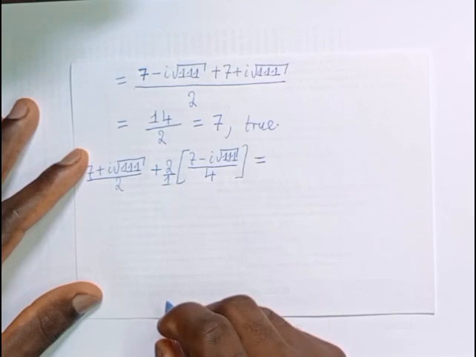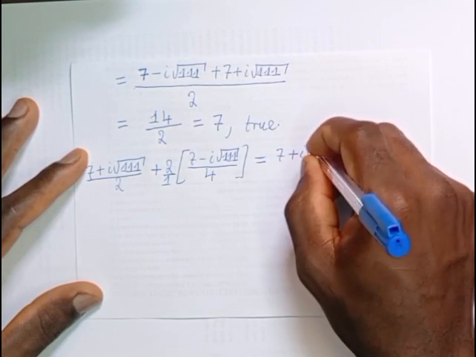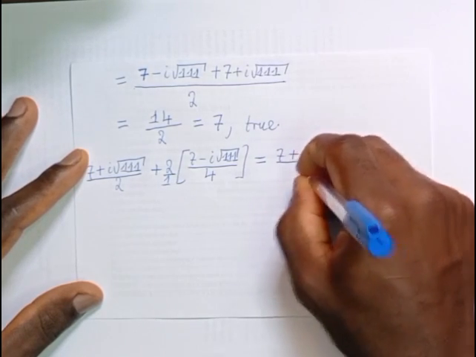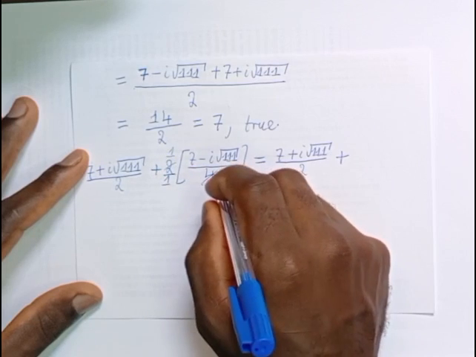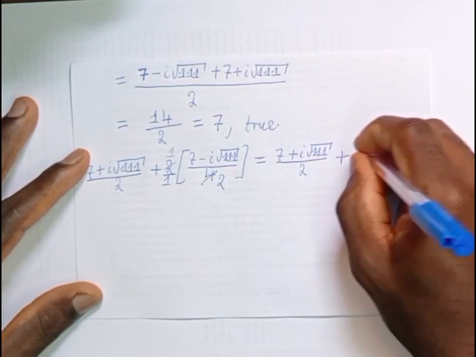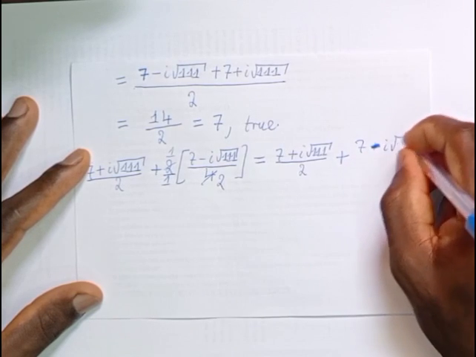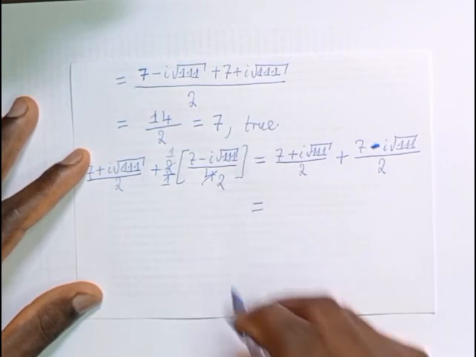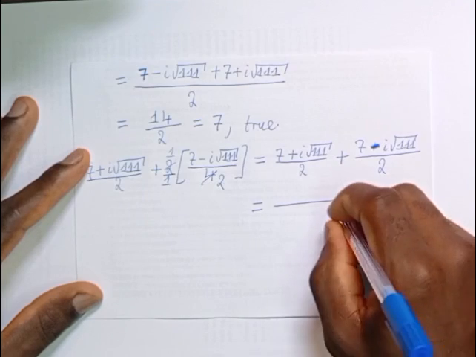This 2 can be expressed as 2 over 1. This will give us (7 plus i root 111) all over 2 plus, simplifying, 2 over 1 times, 2 going into 4 two times, we'll be left with (7 minus i root 111) all over 2. These two fractions have a common denominator, which is 2.